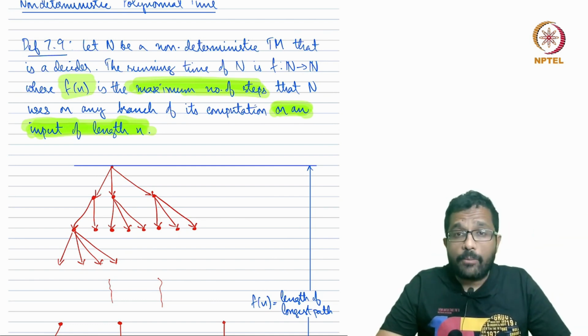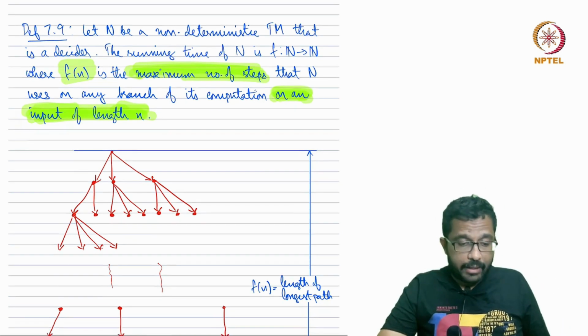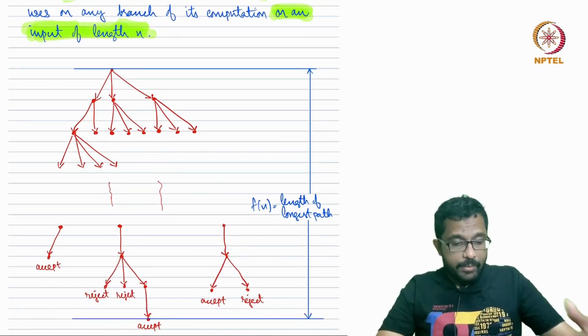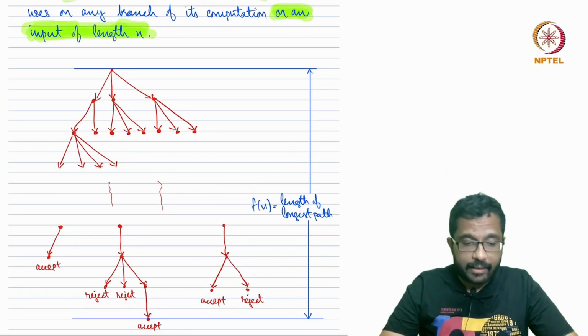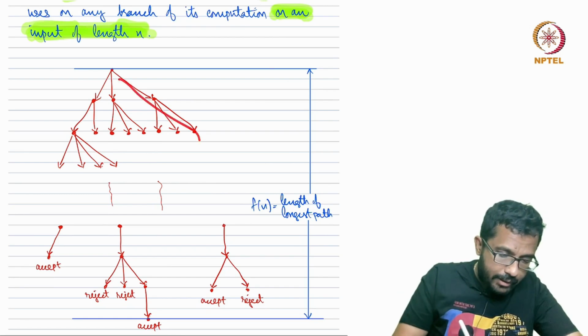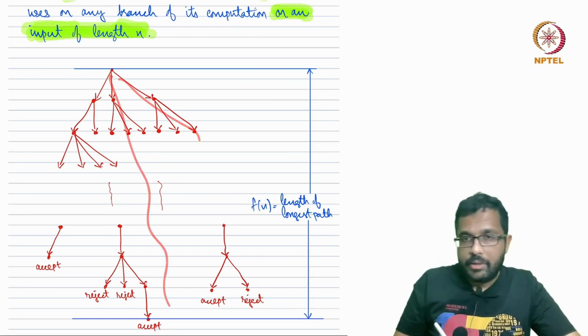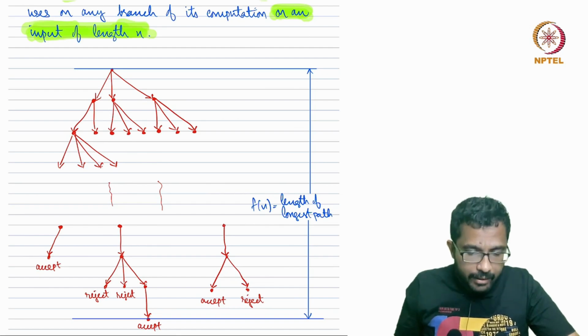Here there are several possible computation branches, and all of which may be of different length. So for instance, you could have branches that end very quickly, and branches that take a significant number of steps.